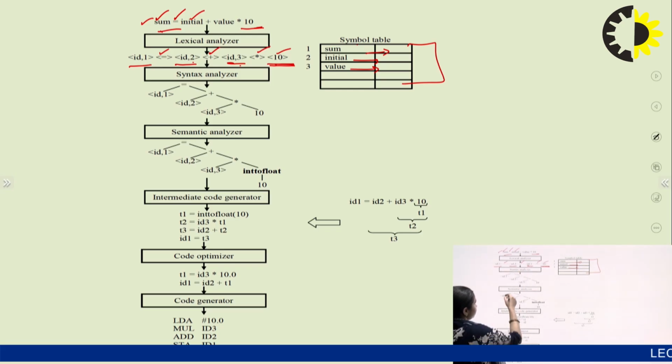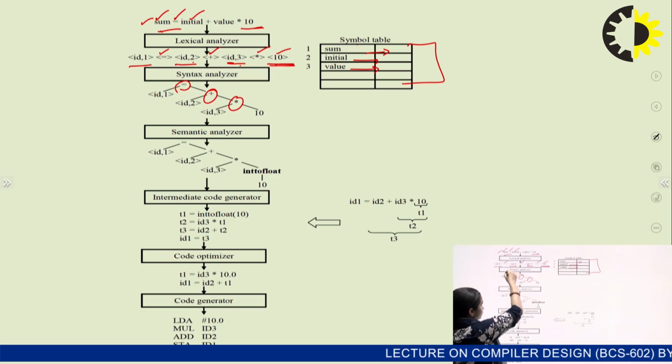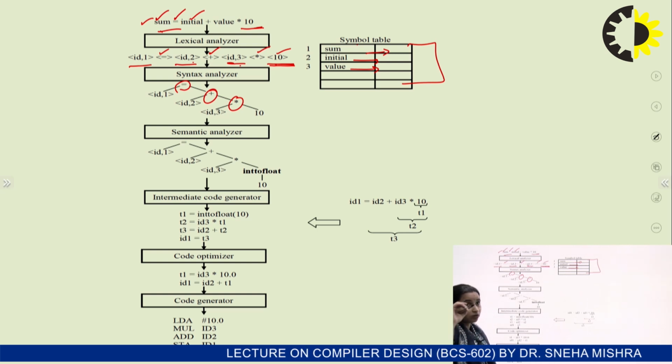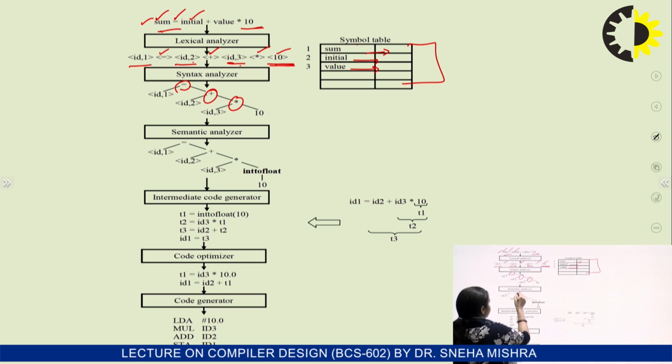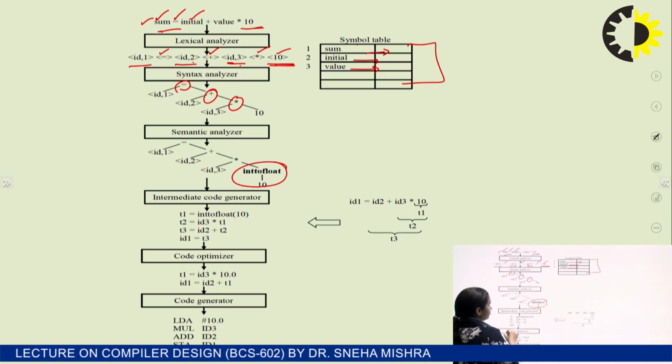The syntax analyzer will generate the parse tree showing how these work. Then we check whether there is any logical mistake, any colon missing, any extra space, or any variable that has not been declared. Then in semantic analysis, we are defining the type, right?